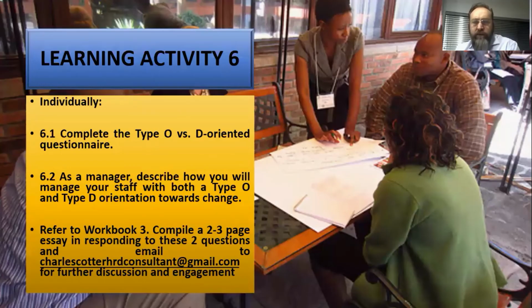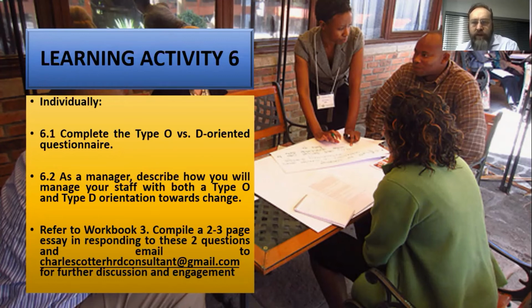So what I would like you to do in terms of formalizing this is to complete Learning Activity 6 in Workbook 3, and I'd like you to do this in 2 phases. The first phase is the self-diagnosis. I would like you to complete the questionnaire individually, and of course this will give you a very accurate indication of whether you're high or moderate type O, or high or moderate type D.